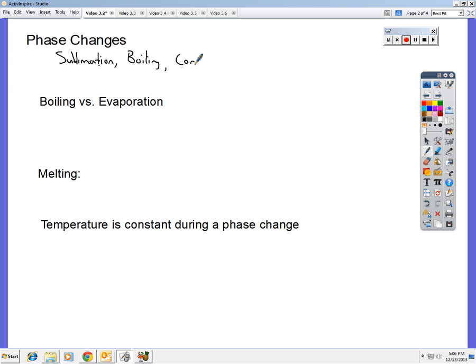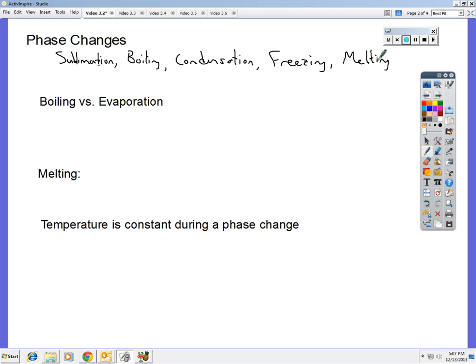There's condensation, which can be used to describe a phase change from a gas to either a solid or a liquid, depending on the context. There's also freezing, which is a change from a liquid to a solid, and melting, which is a change from a solid to a liquid.